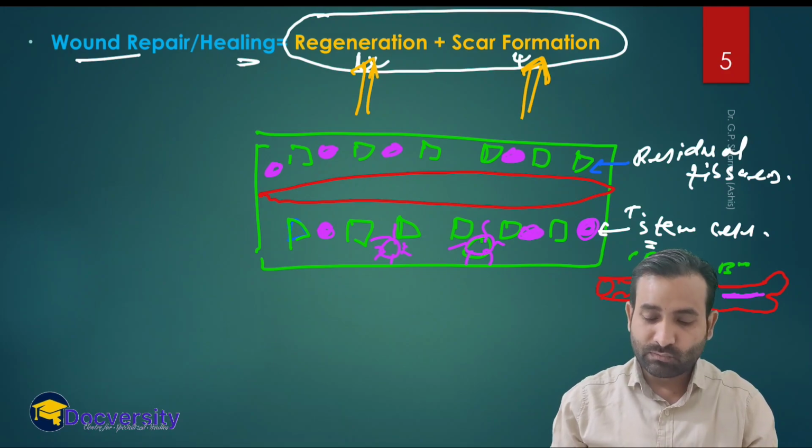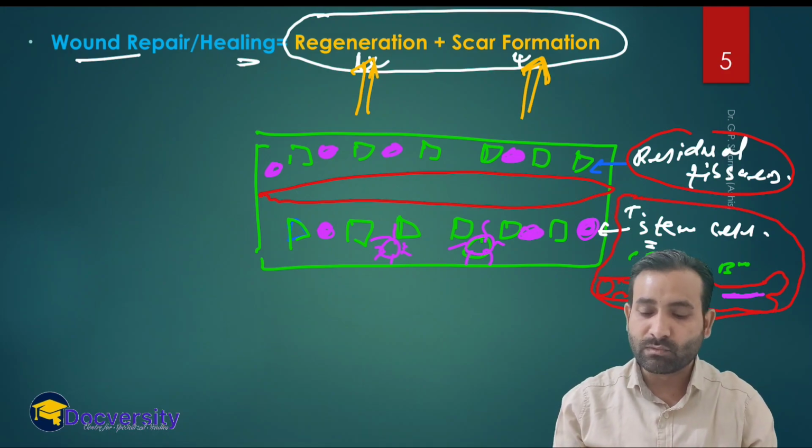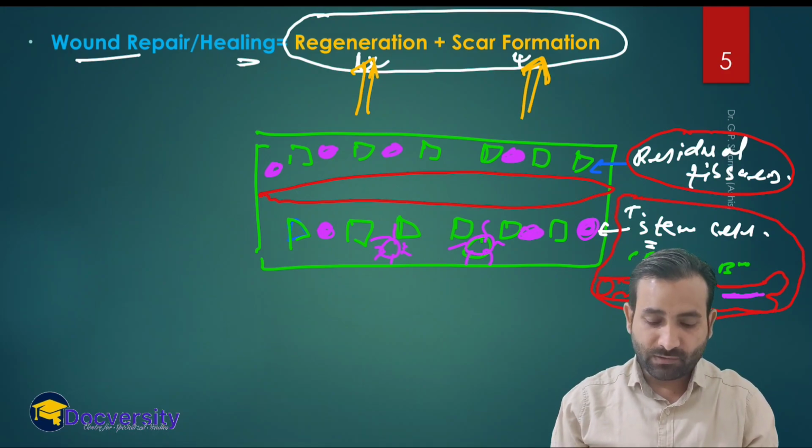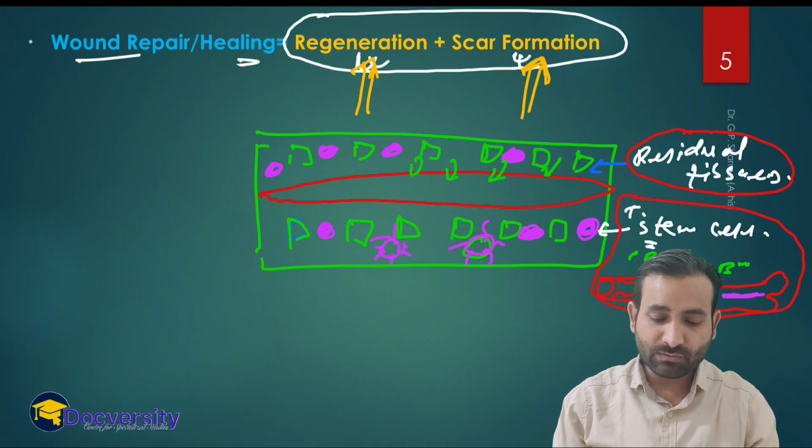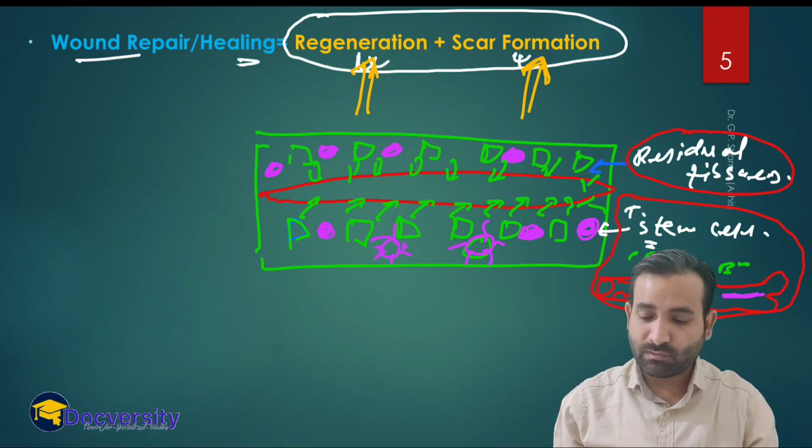So either the residual tissues will proliferate, or the stem cells, either tissue stem cells or bone marrow stem cells or capillary stem cells, grow and try to restore the normal function and structure within this injured area, right? This way. So this is called what?